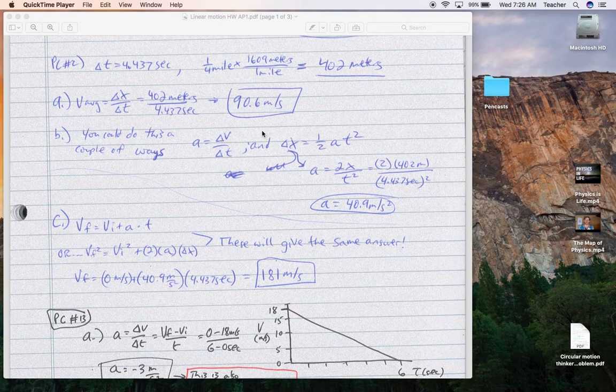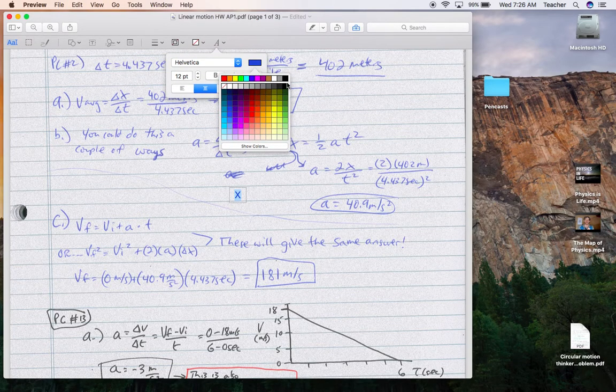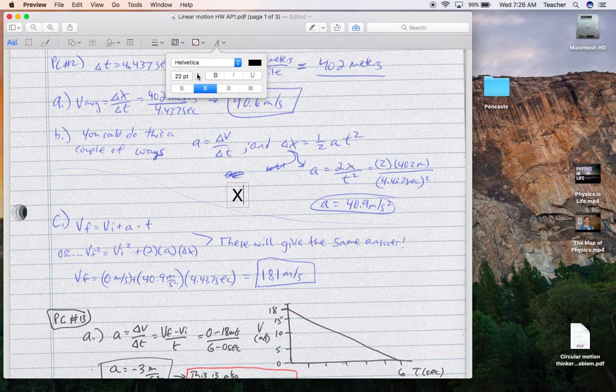So I X'd that out, and I'm not using it. In fact, I can show that in a little bit, that I will X that out. Big X there. Let's make it big, change the color. I like it. Nope, we're not going to do that.